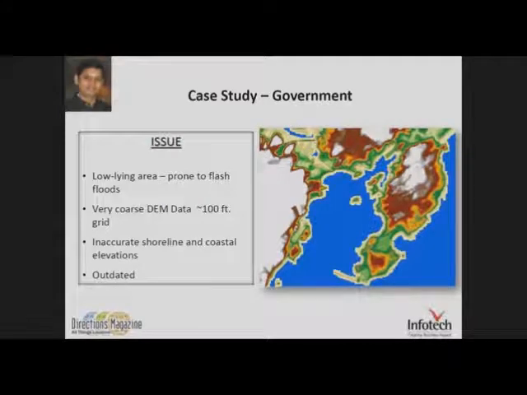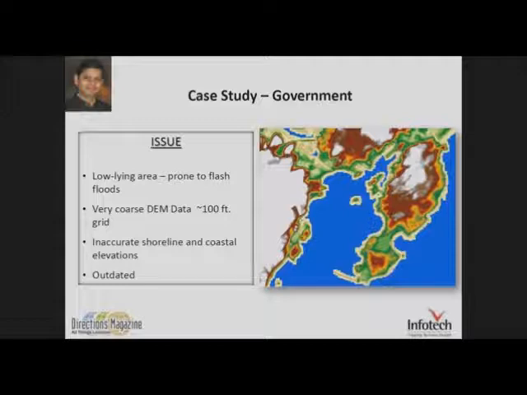Srinu, over to you. Thanks, Hanuman. The case study shown here demonstrates the use of terrain data for urban mapping and stormwater studies for a city planning department. The area is low-lying with relatively flat terrain, and most of the area is near or below sea level.